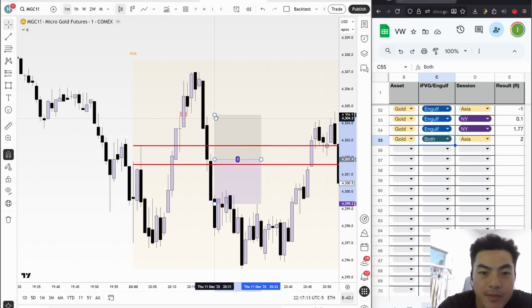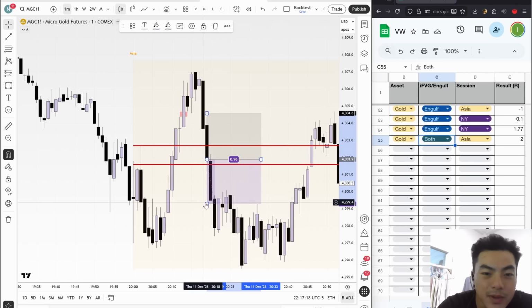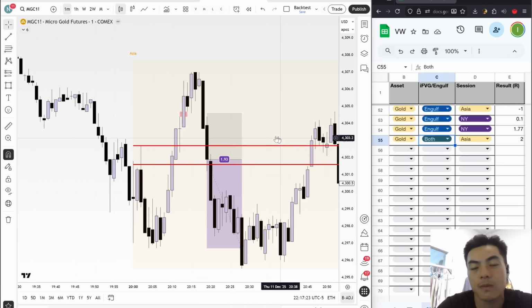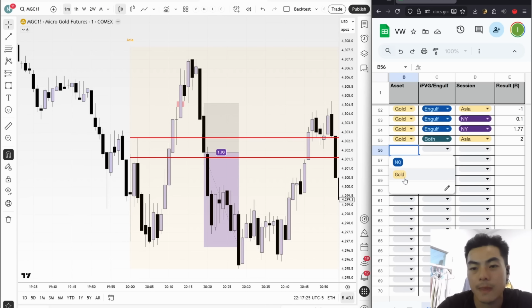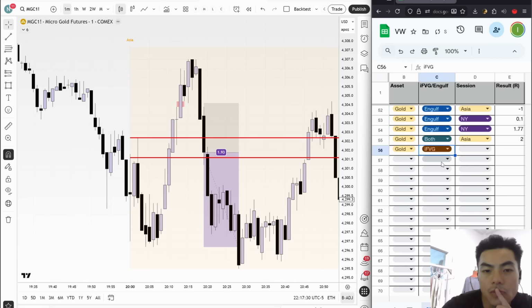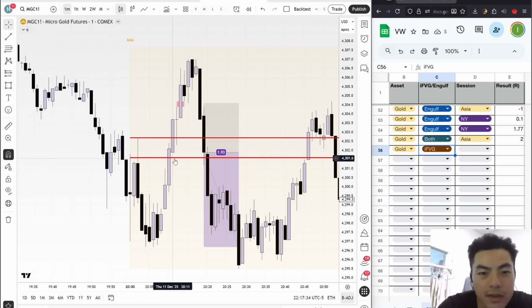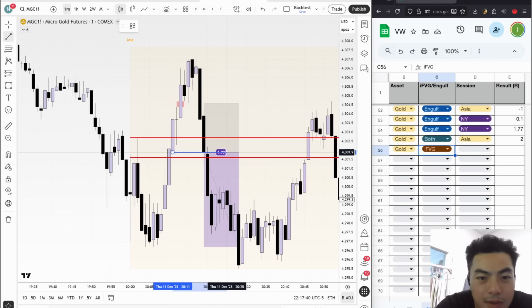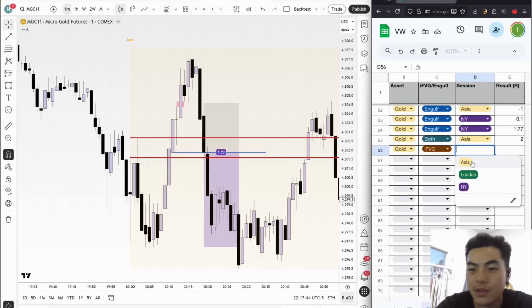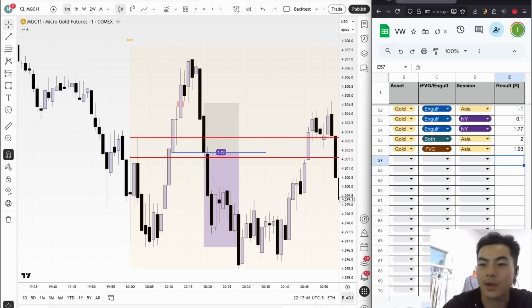So yeah, there, stop just above the wick of this entry candle. You can target these lows. It's at 1.93R. Nice. Technically, it's an engulfing candle as well. Oh no, it's not. Just inverse fair value gap entry. So it's Asia plus 1.3R.